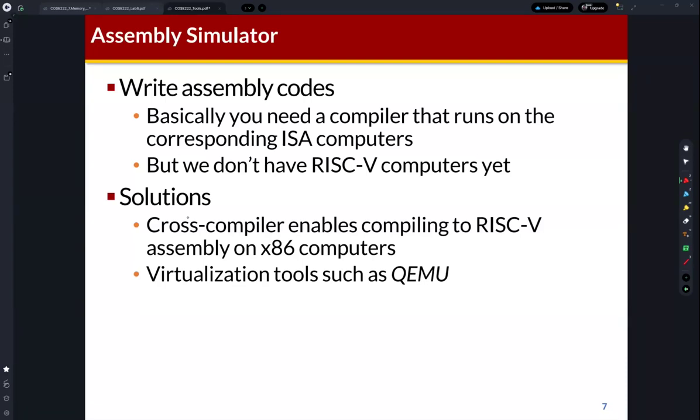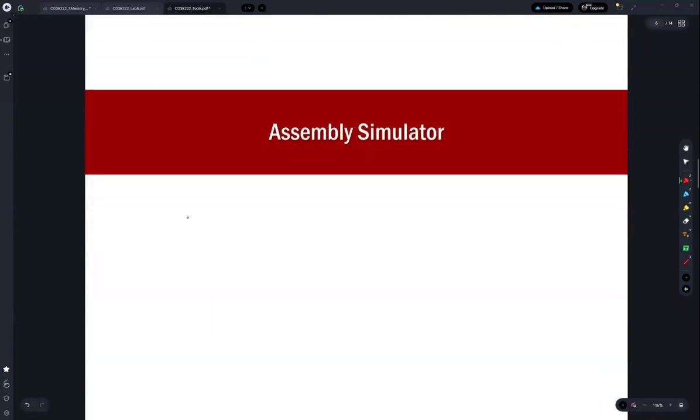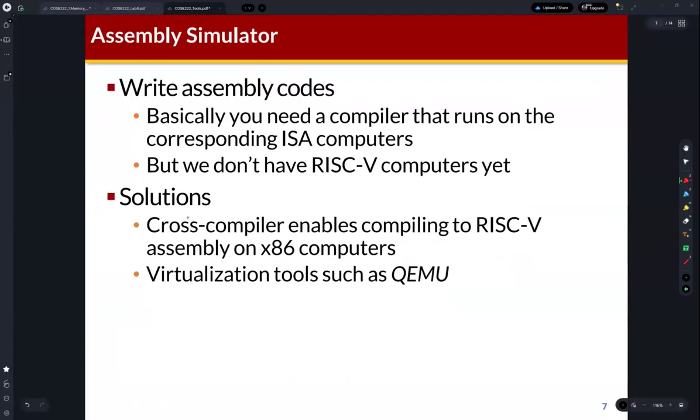You can find the source code of Spike on GitHub, right? So anyway, there are many simulators for RISC-V, like the assembly simulator, like Spike, right? Assembly simulators can run RISC-V assembly code, right? You can also virtualize the RISC-V environment using QEMU, okay?